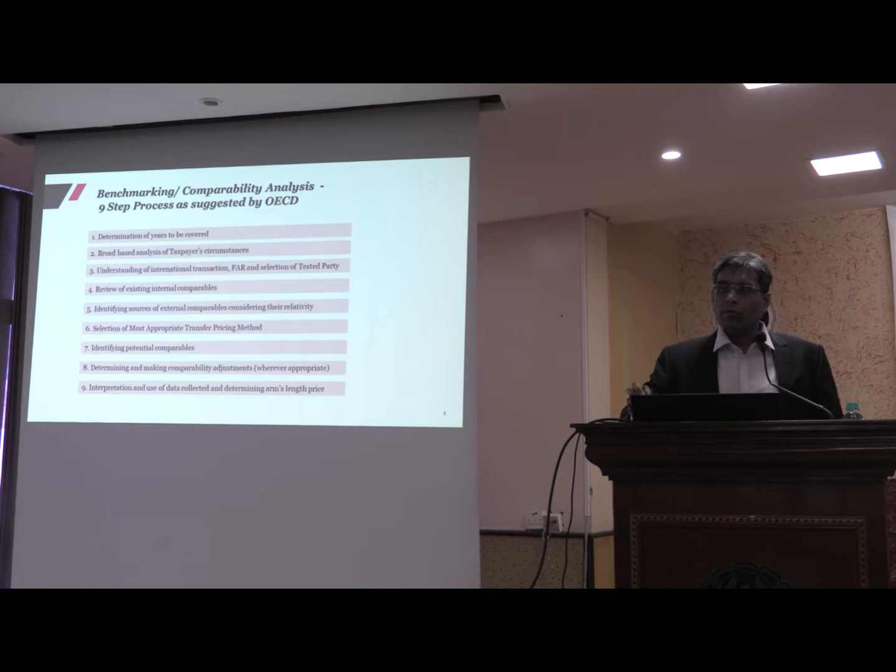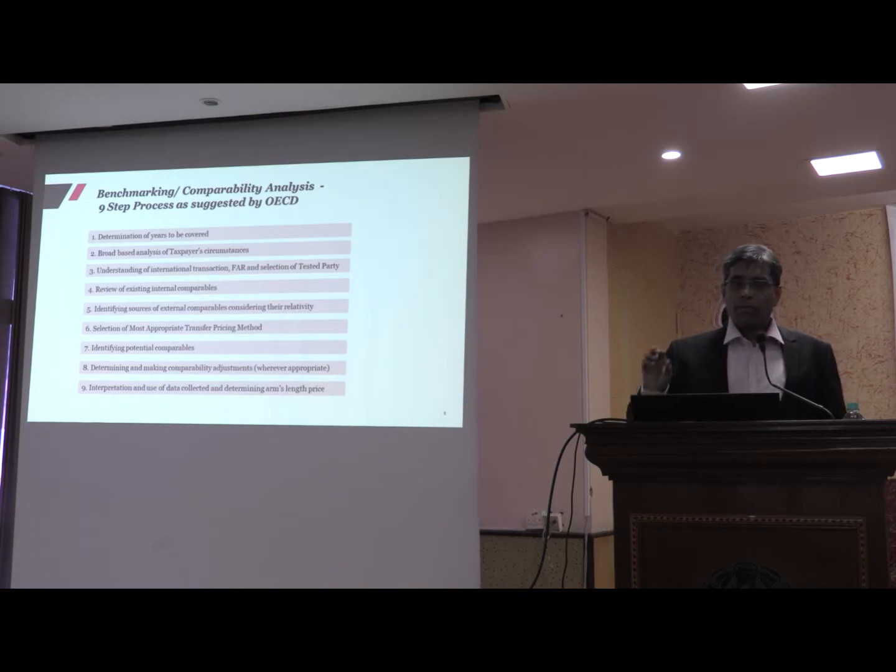Rule 10D of the income tax rules sets out all the information that needs to be maintained by a taxpayer with respect to international transactions with associated enterprises, right? So the question arises: what is the international transaction that has to be demonstrated to be at arm's length?